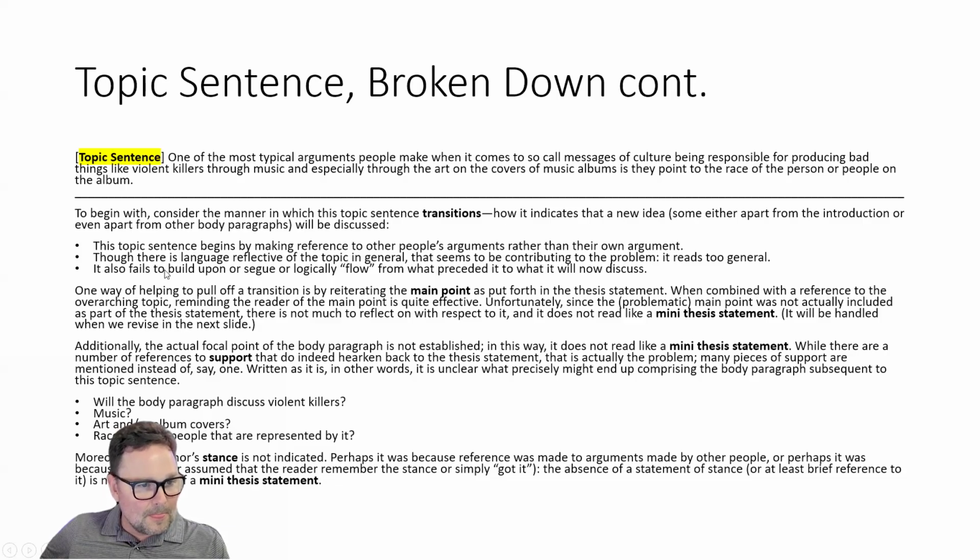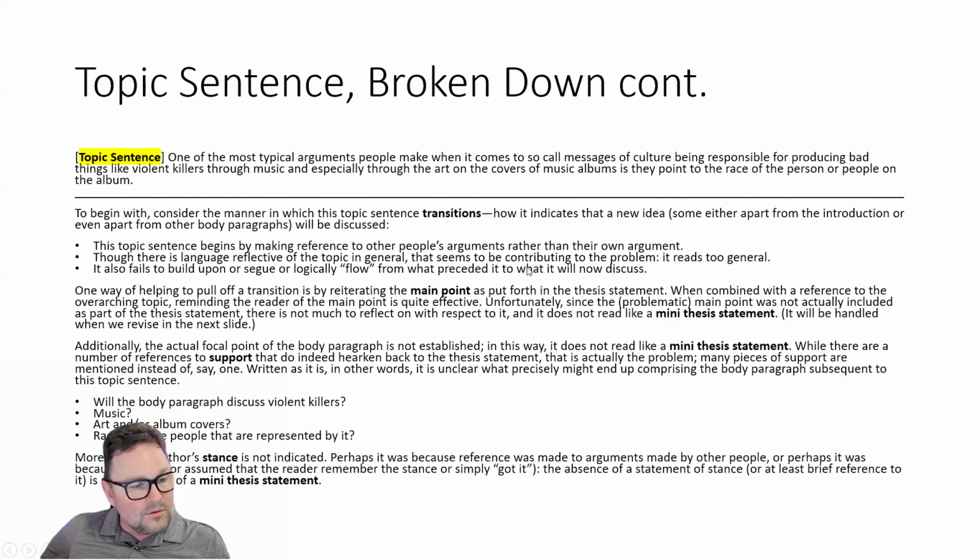Though there is language reflective of the thesis statement in general, that's the problem. It's too general. It doesn't represent what the student who wrote it is actually going to be arguing or wanted to discuss, whether racism or otherwise.